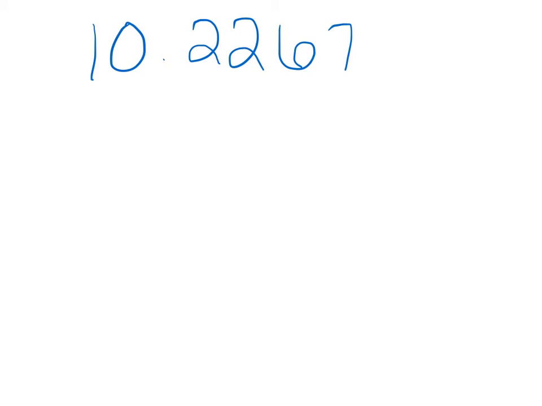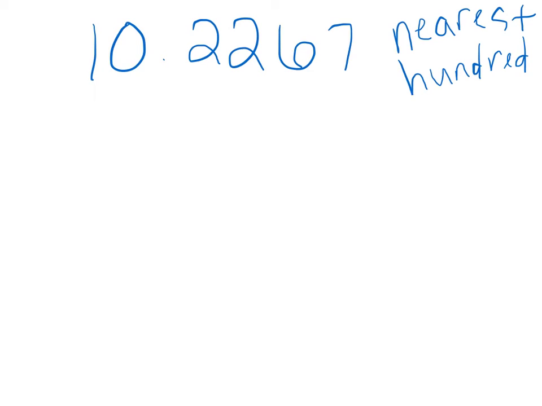Now that we've reviewed decimal place value, we're going to talk about rounding. And when we round our decimals, we have to know what we're rounding to. So in this case, we're going to round to the nearest hundredth. So the first thing that I need to do is find the digit that's in the hundredths place.